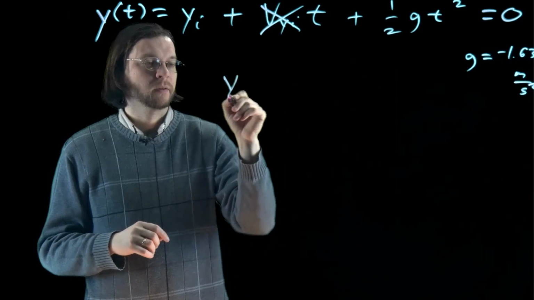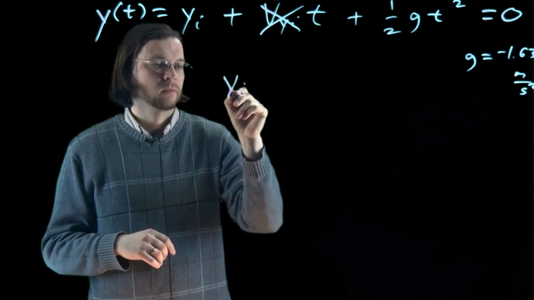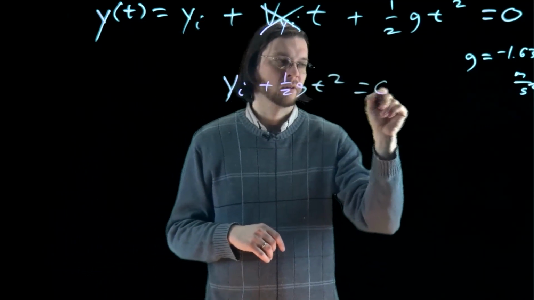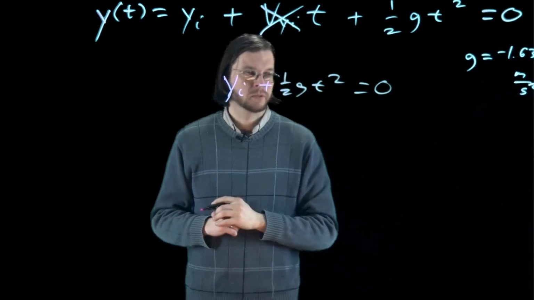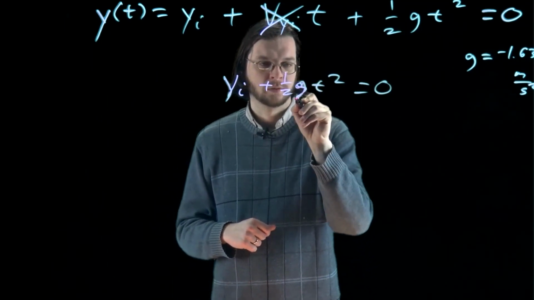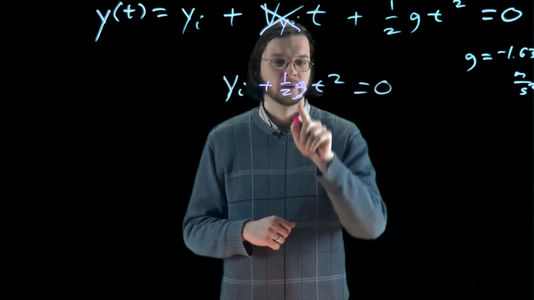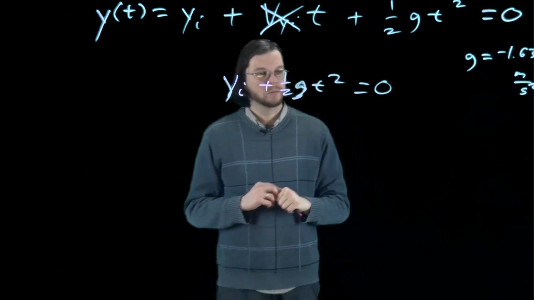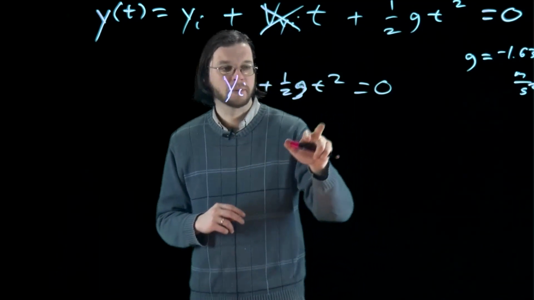So we have y initial plus 1/2 gt squared equals 0 is what we get from all this. I want to solve for the time.